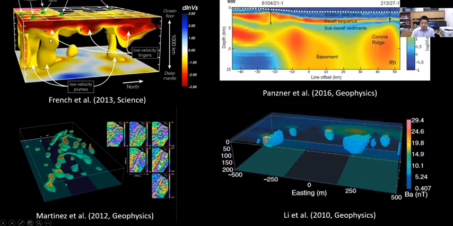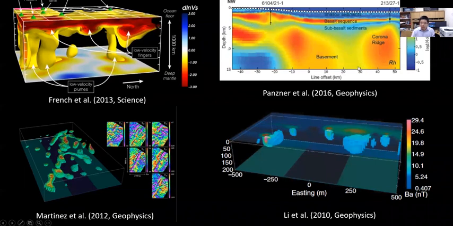All these yellow anomalous bodies are seismic shear wave velocity anomalies. In this case, the authors use seismic data and do the inversion to try to understand mantle convection.